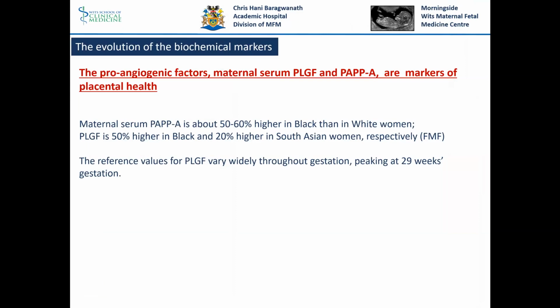The biochemical markers, particularly the placenta growth factor and the PAPP-A, are very significant nowadays in our assessment of placenta well-being or placenta health. We know that the PAPP-A and the PlGF, the placenta growth factor, are much higher in the Black sub-Saharan African population than the Black patients elsewhere in the world.